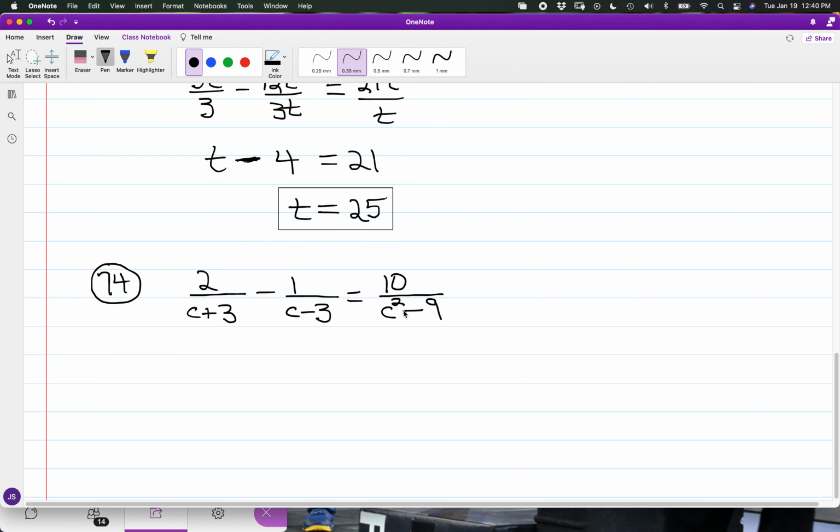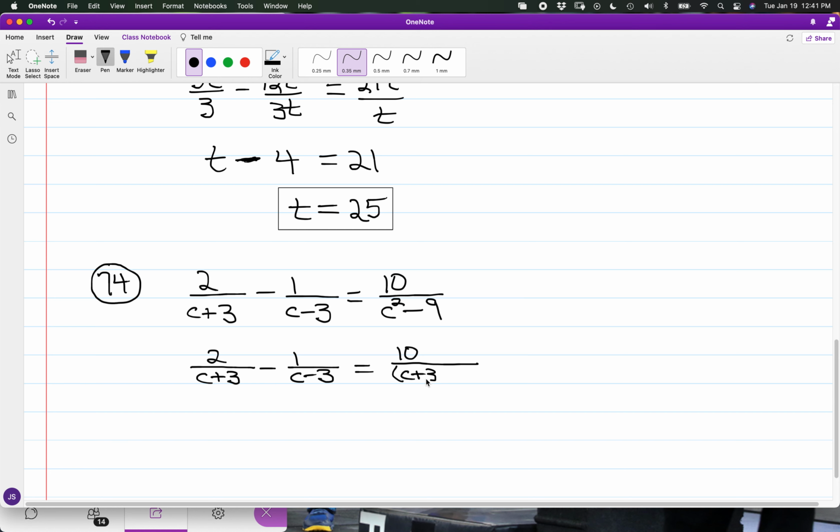And if I were to write this last denominator in factored form, c squared minus 9 is going to be a difference of squares.